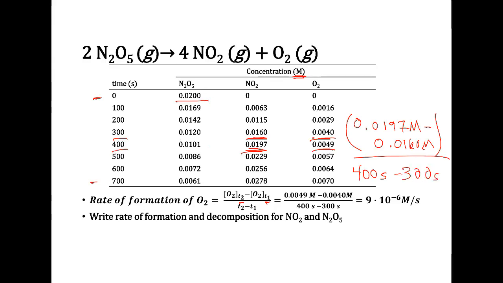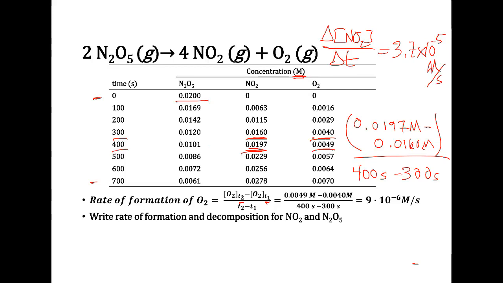Upon plugging that in, you should find the rate of formation for NO2. And one of the ways that we'll write this is like this. We'll say the change in concentration of NO2 over the change in time equals 3.7 times 10 to the negative 5th molarity per second.